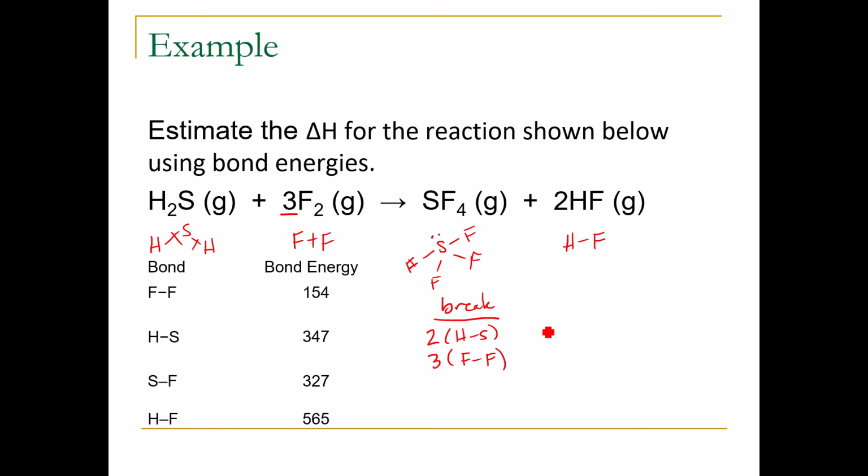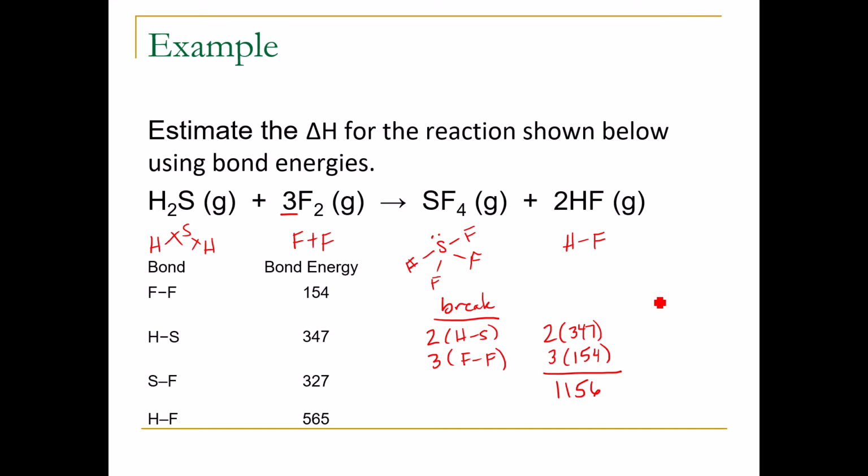Alright, so that means that I have 2 times 347 and 3 times 154. So if I put all that together, I can look at the energy required to break those bonds. So I get 1156.